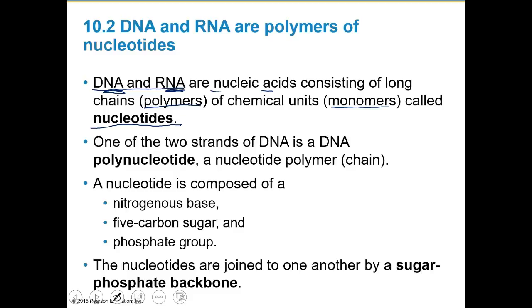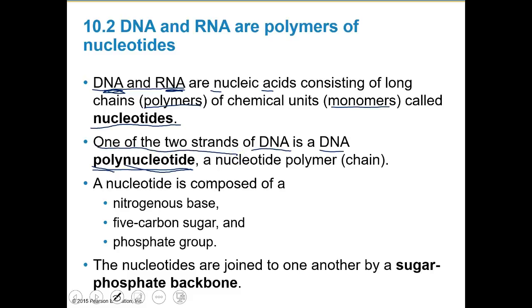One of the two strands of DNA is called a DNA polynucleotide. It is made of many nucleotides. They're not creative here. So it's just a nucleotide polymer. A many-nucleotide sequence is one strand, one of the two strands.